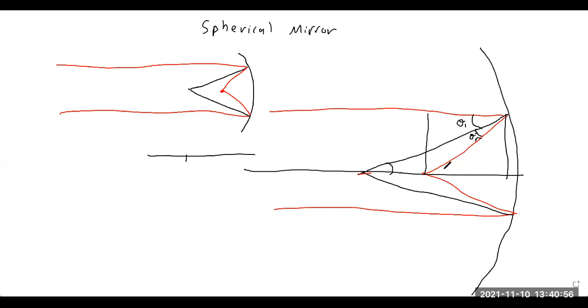Because this red ray coming down has a steeper downwards angle than this black ray coming down. So the red ray hits the center line of this mirror closer to the mirror than the black line does.